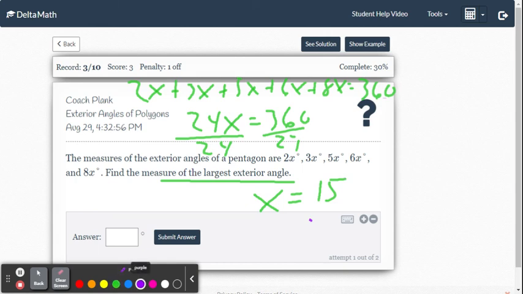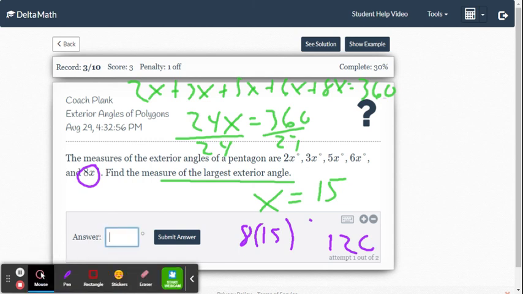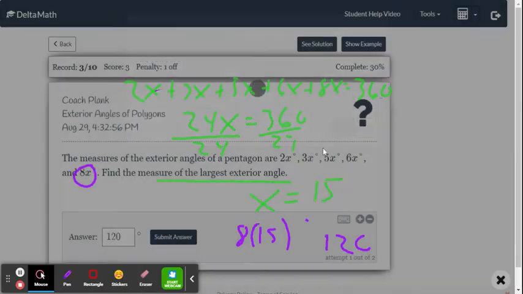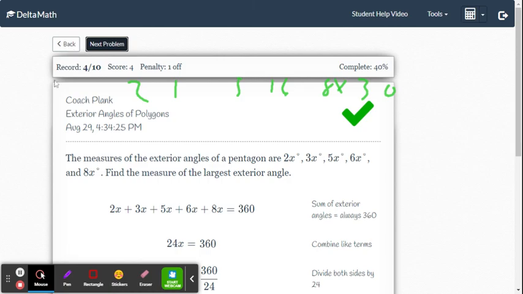So to find the largest angle, that's going to be the 8x, right? So it's going to be 8 times 15, which is 120. So that's what we're going to enter into DeltaMath. We're going to put in 120 degrees as the measure of the largest exterior angle. Submit. There you go. That's it.